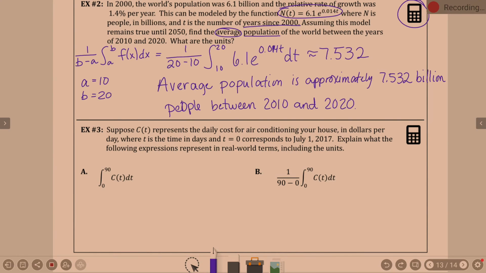So again, key thing is you have to get the billion on there, but some other information is helpful.